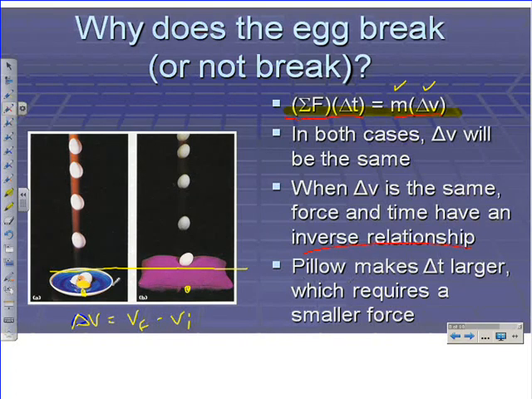On the other hand, in the case of the plate, that plate applies a force for a very short amount of time, just the instant which that egg is hitting the plate. It has to accomplish the same change in motion, the same slowing down of that egg and bringing it to a stop, but over a much shorter amount of time.